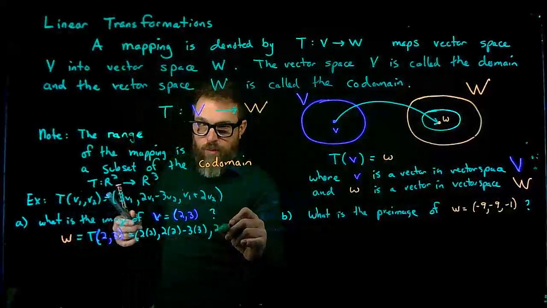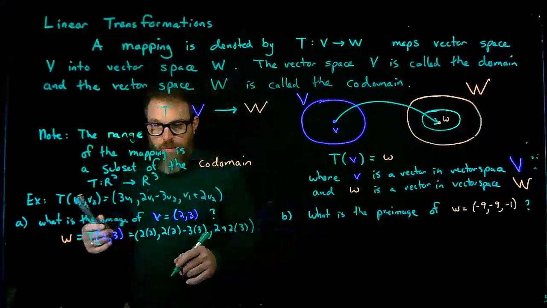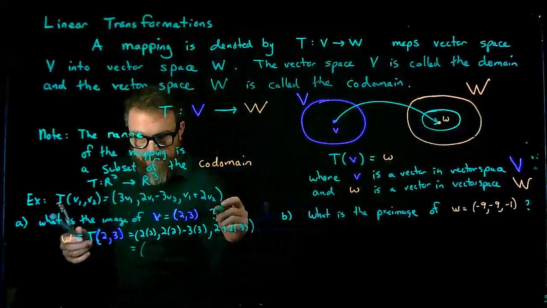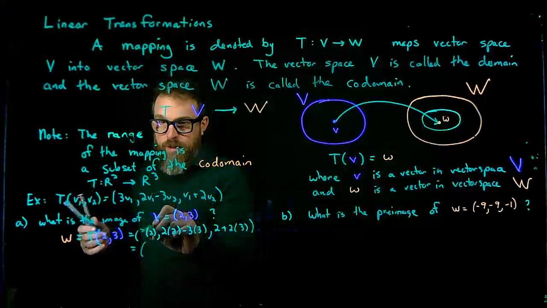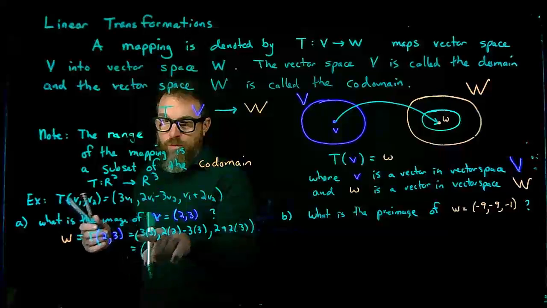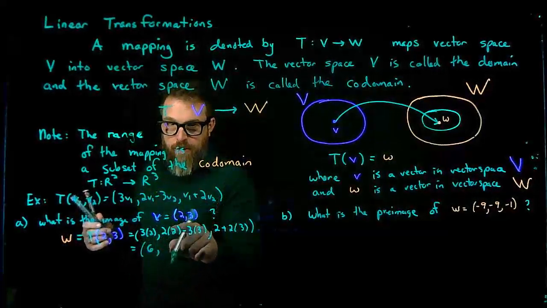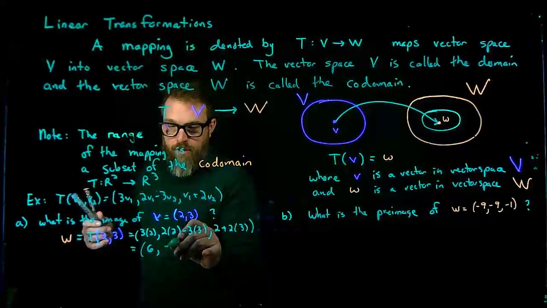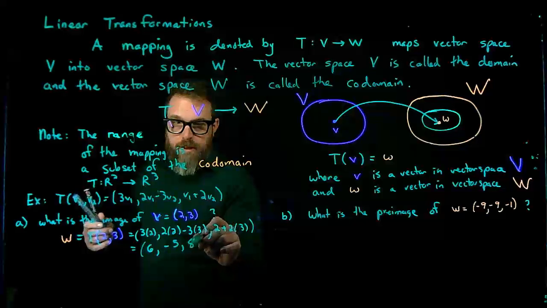When we're done simplifying, I should say this was 3v1, so this would be 6. This component is going to be 4 minus 9, so negative 5. And this was 2 plus 6, which is going to be 8.